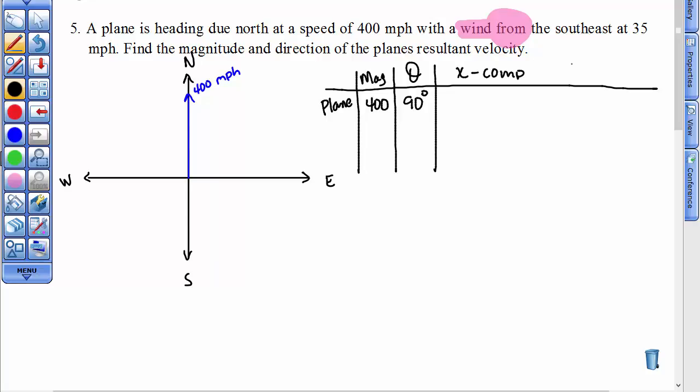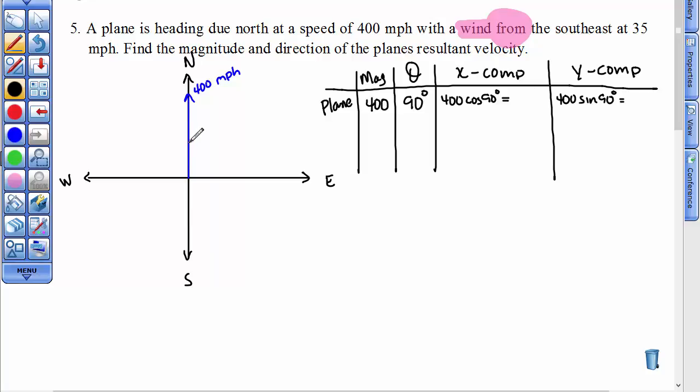And then we'll be filling in the x component and the y component. You're welcome to go ahead and type 400 times the cosine of 90, and 400 times the sine of 90. But why bother?